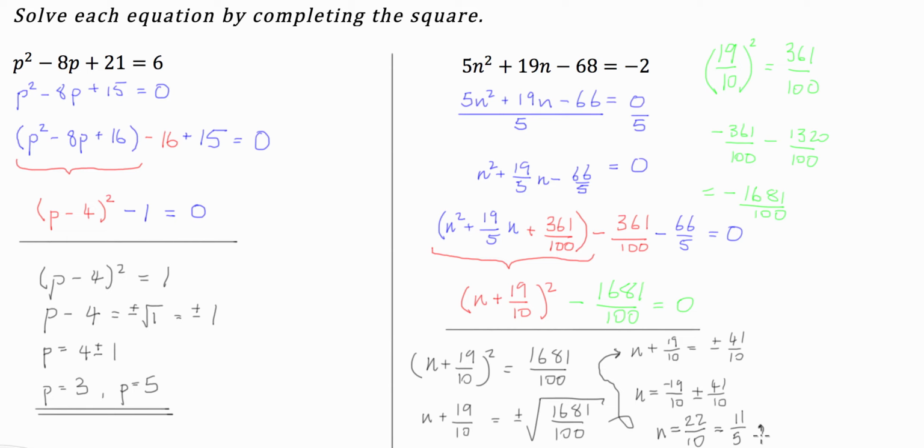And then negative 19 over 10 minus 41 over 10 is equal to negative 60 over 10, which is equal to negative 6. So finally, we can say that for this one, n is equal to 11 over 5, or n is equal to negative 6.